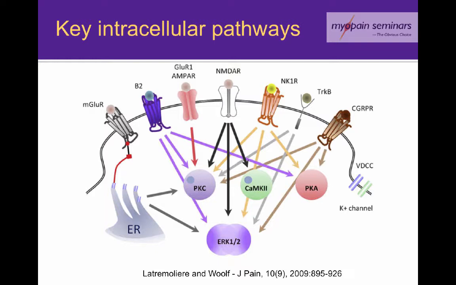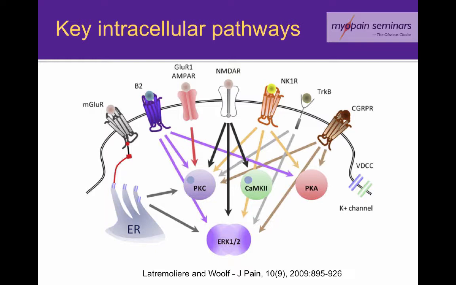The tropomyosin receptor kinase, or TRKB, also activates the protein kinase C and extracellular regulated kinases ERK, indicated by the purple arrows.